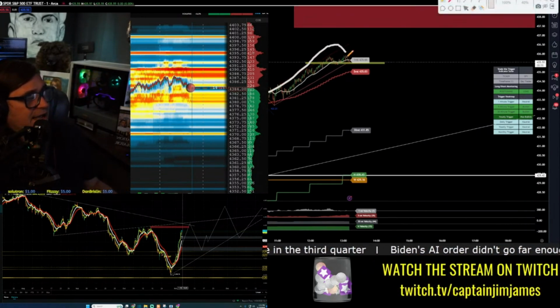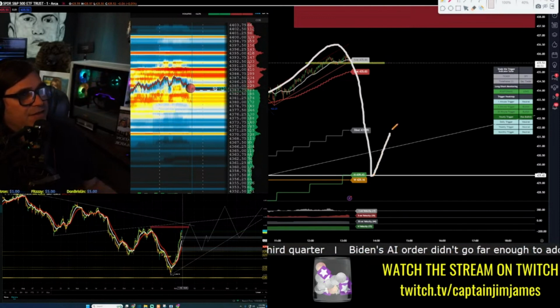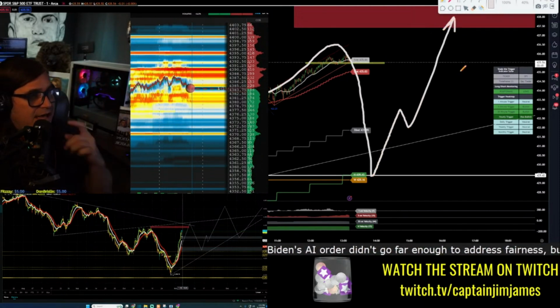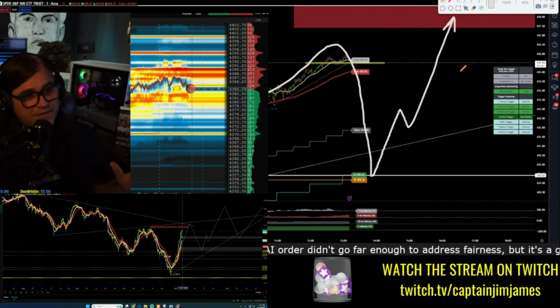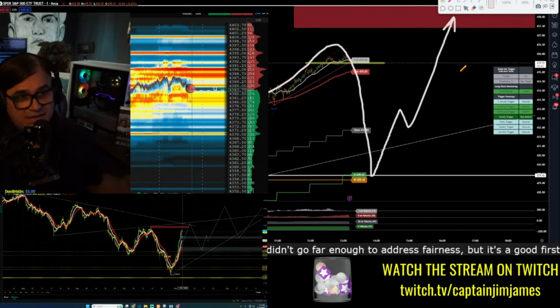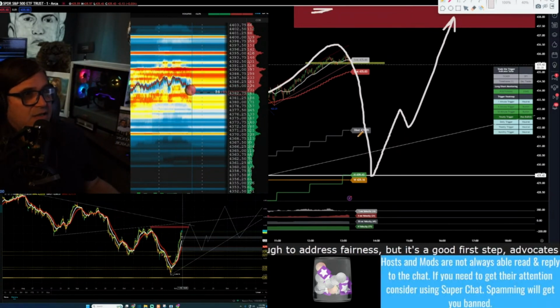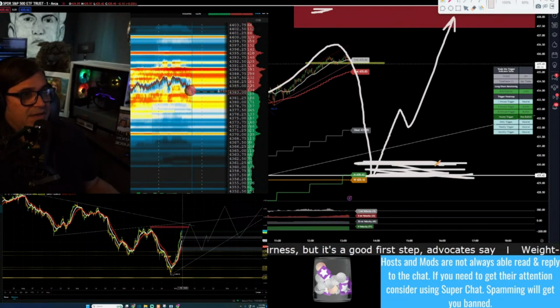We can fail this right now, but as long as we stay above that 430, the bulls are still alive to tag that to the upside. So if you're a seller, you don't want to see this get tagged here. And you really want to see a break below this 430, okay, for like full bear town.